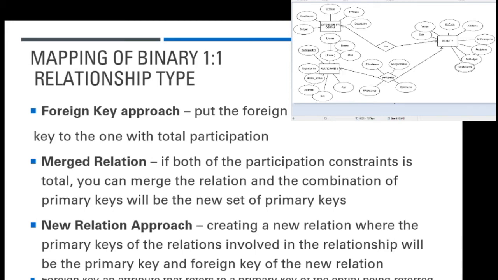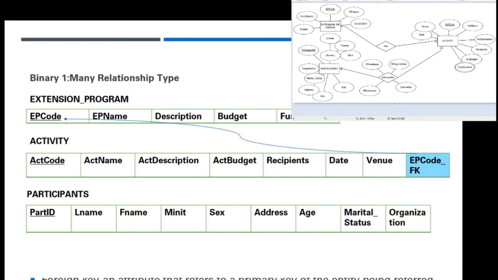Now let's go to mapping of binary one-to-many relationship type. As you can see in our diagram, we have a one-to-many relationship type between the extension program and the activity. So what are we going to do if there is a one-to-many relationship type? We look at the primary key of the one side and make it the foreign key of our many side.